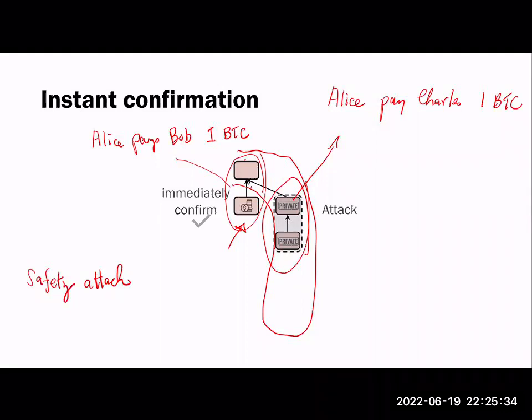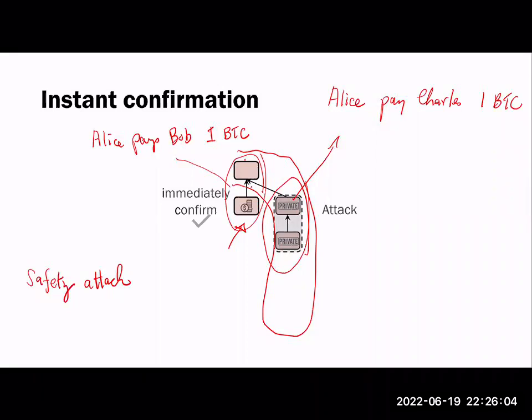If Alice has 90% of the total network hash power, then obviously it's very easy for her to generate 2 blocks, because the rate at which she generates blocks is proportional to her hash power. The more hash power you have, the faster you can solve the puzzle, and the faster you can generate the block. So you get 2 blocks, whereas the 10% of the hash power, the honest guys, get 1 block.